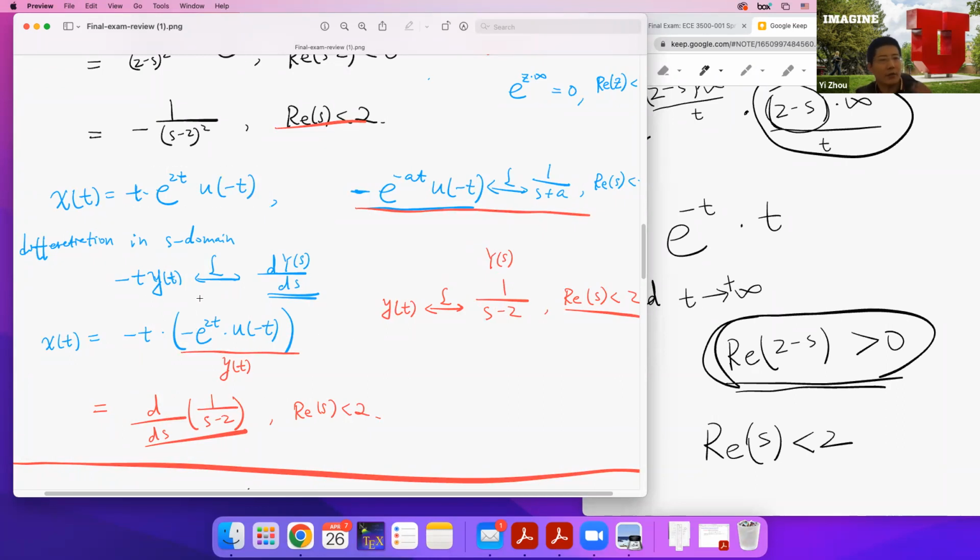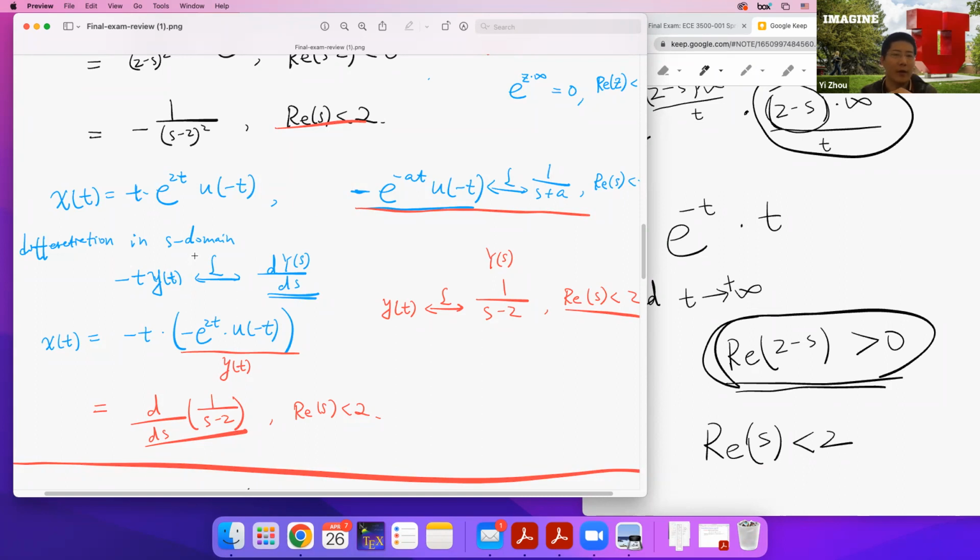So the idea is to view this signal as an existing signal that we are familiar with, multiplied by this t factor. And then this t factor can be introduced by using the differentiation property of the Laplace transform. When you apply these special properties, make sure you have everything clearly defined, because there are a lot of negative signs that can sometimes be confusing.